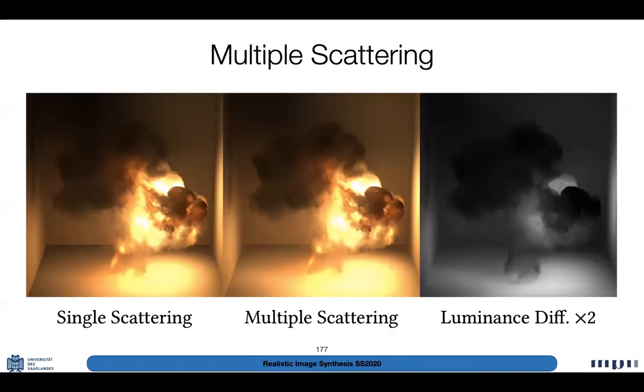As I mentioned earlier, they also propose to include multiple scattering if required. On the left two images, with single scattering and multiple scattering, the difference is not visible. But if you look at the difference image, which is the luminance difference scaled by 2, the real difference happens in the brighter regions with multiple scattering.